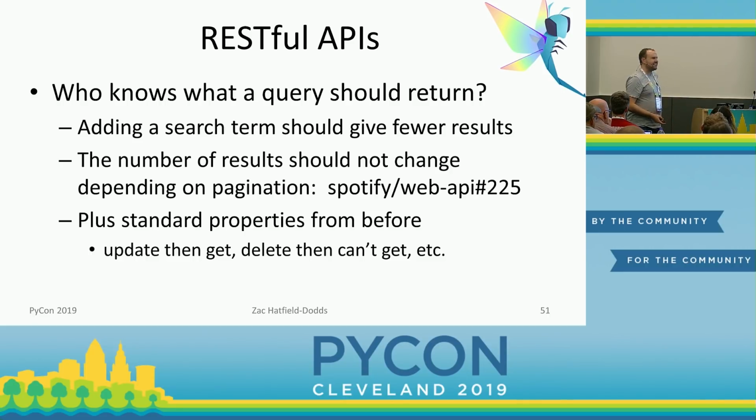And this is a kind of silly thing to have for a database front end, but it does happen. You can even have properties like adding a search term to constrain your search should lead to at least not more results. You might have the same number or you might have less, but you should never have more. For RESTful APIs as well, don't forget all the standard properties are still helpful. You can have properties about round tripping or about repeating the search and getting the same results, that kind of thing.